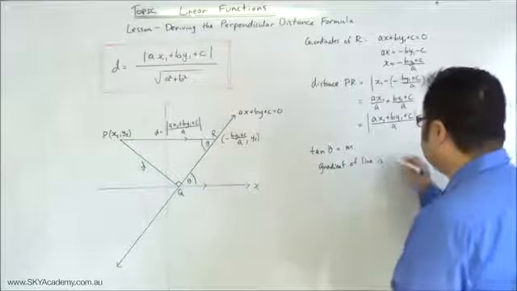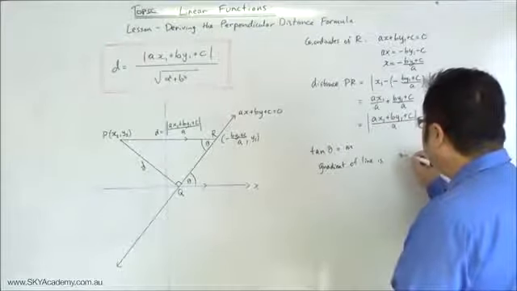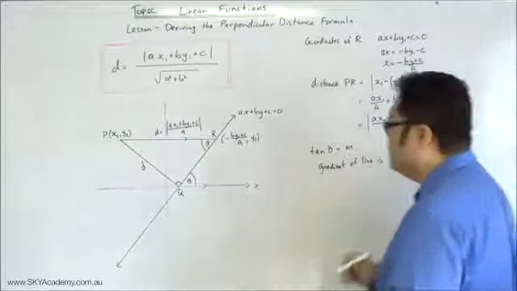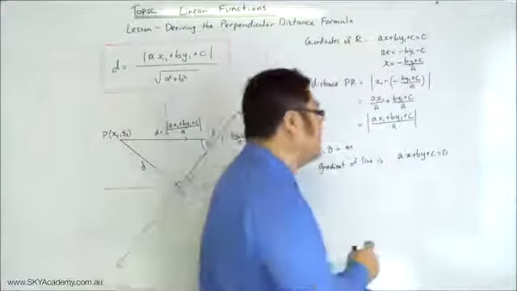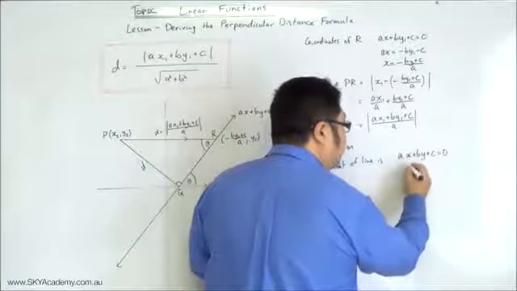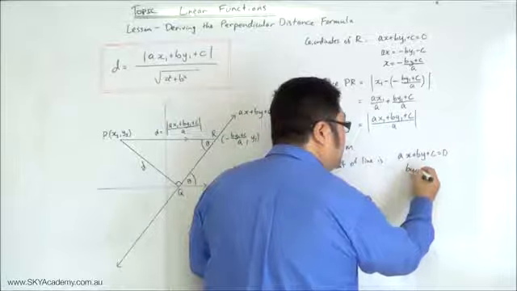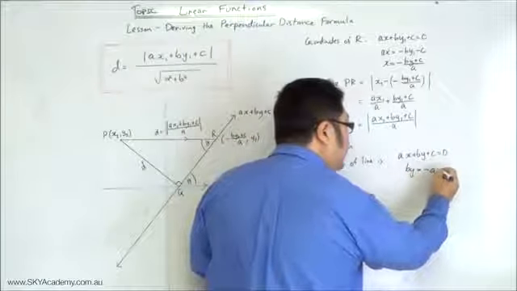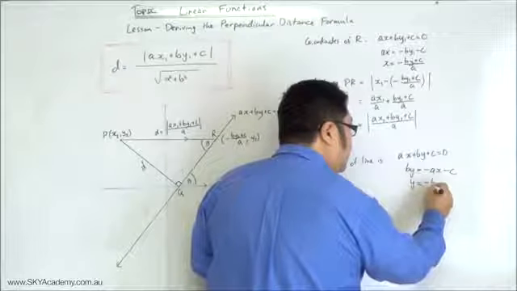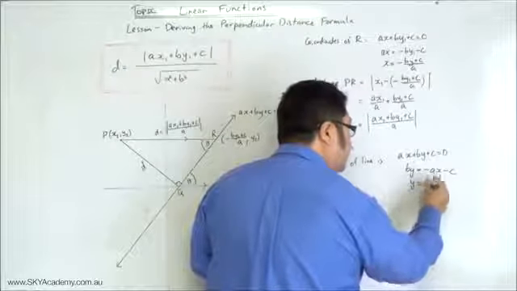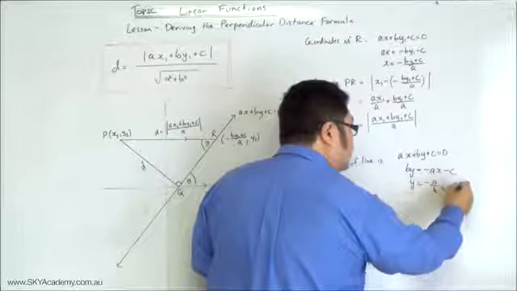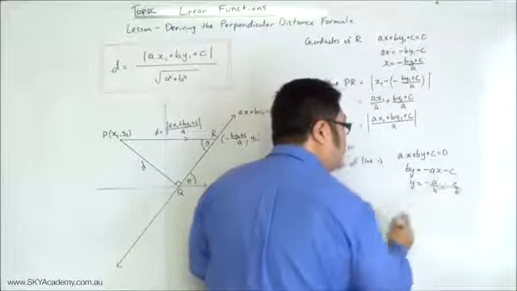is ax plus by plus c equals 0, and I'll come around this way so that you can have a look. Now I would make y the subject of the formula, so by is equal to minus ax minus c, y is equal to minus a on b x minus c on b.